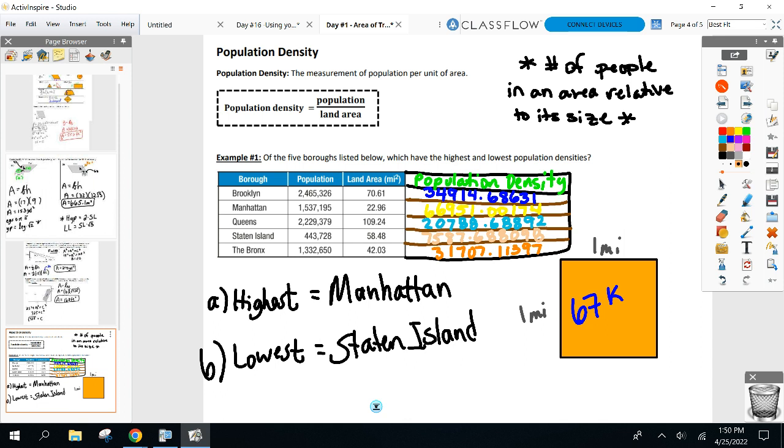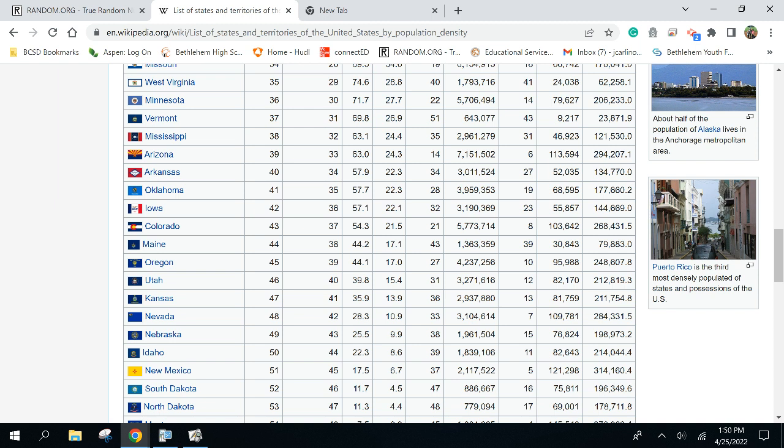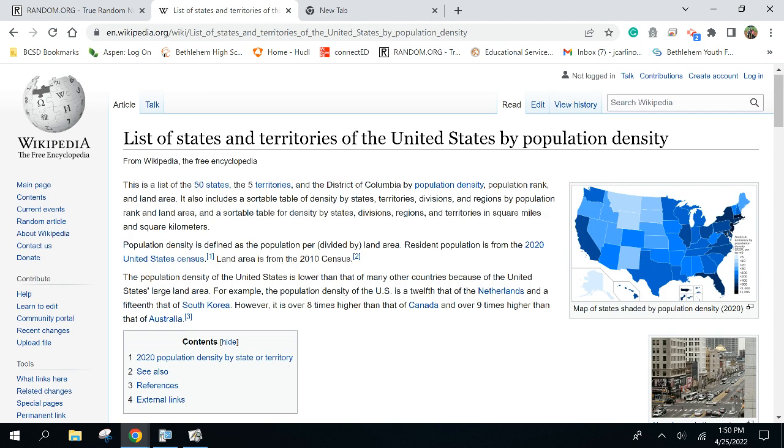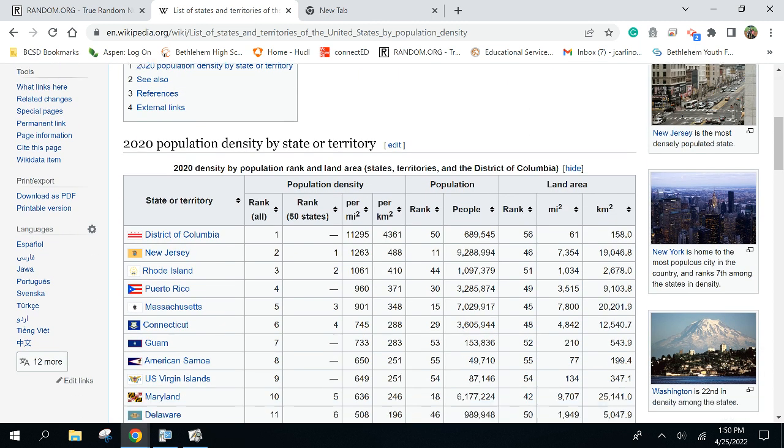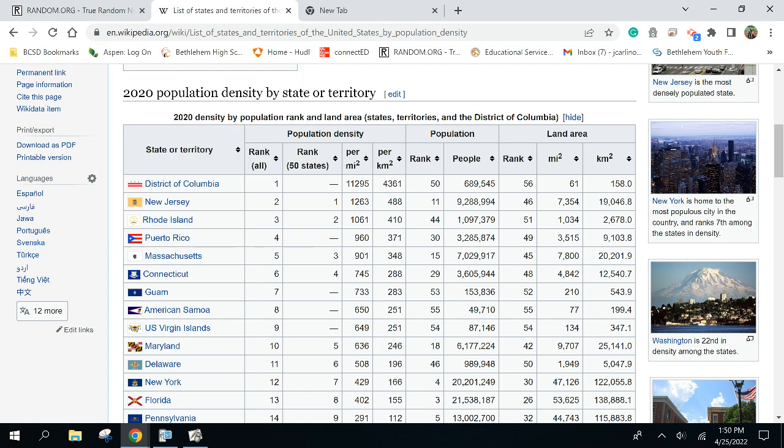And I'll show you this because I think it's very odd, but here's a list of the top 50 here, or 50. They got District of Columbia and Puerto Rico in there as well. So New Jersey, we're talking about that 1 by 1 mile rectangle. New Jersey, about 1,263.